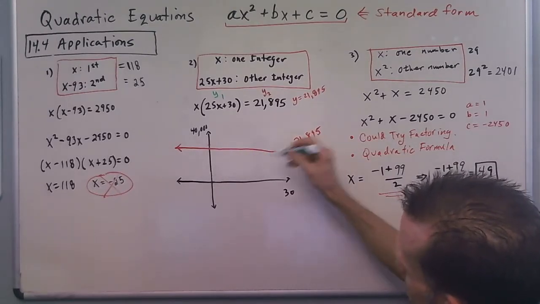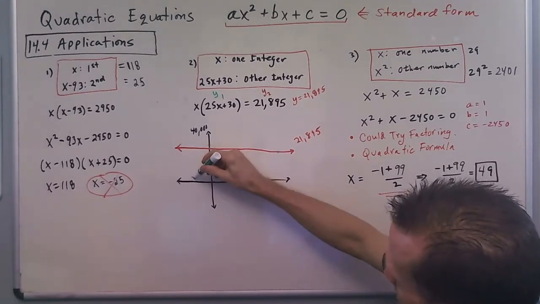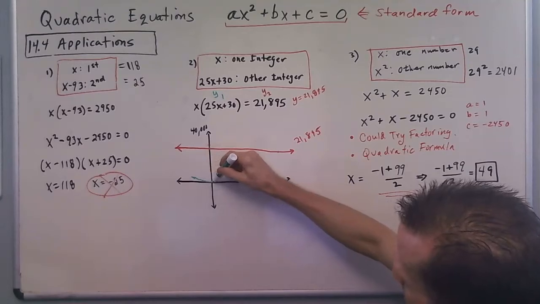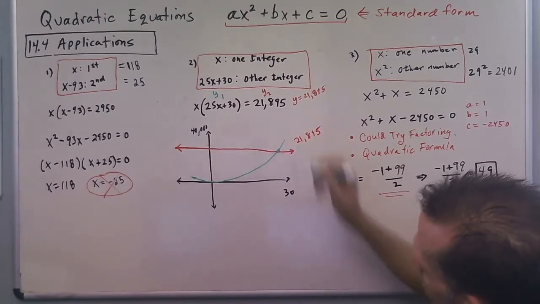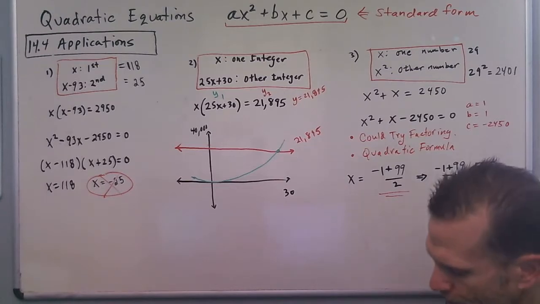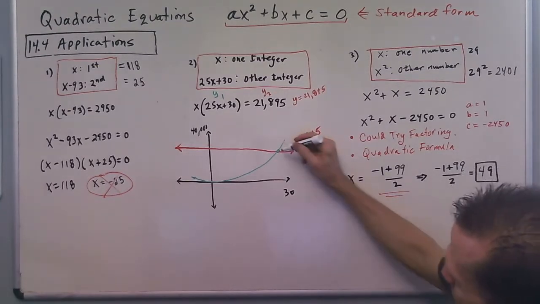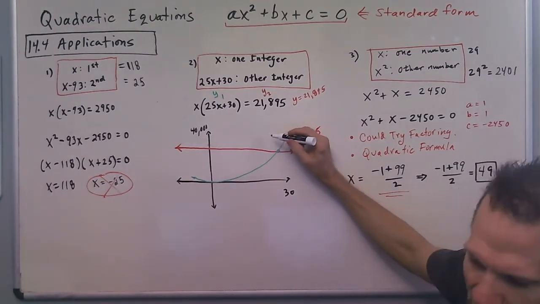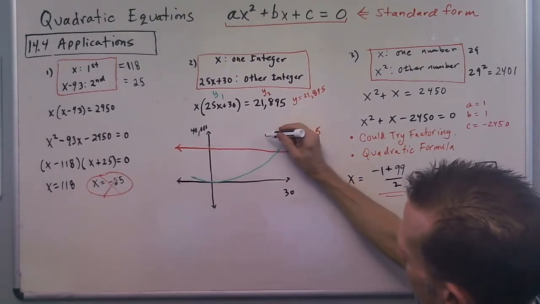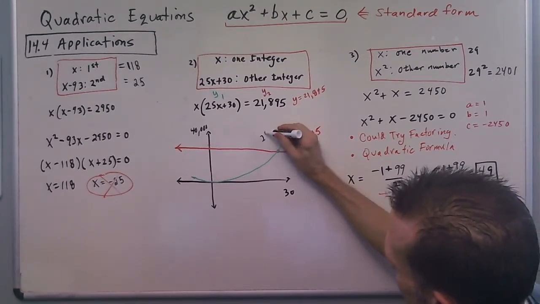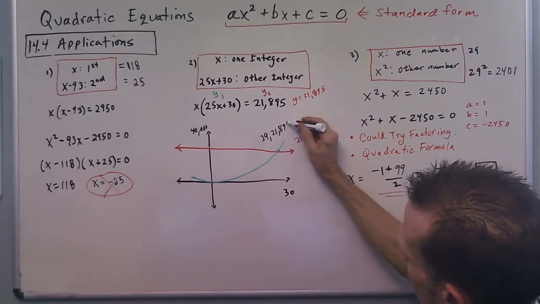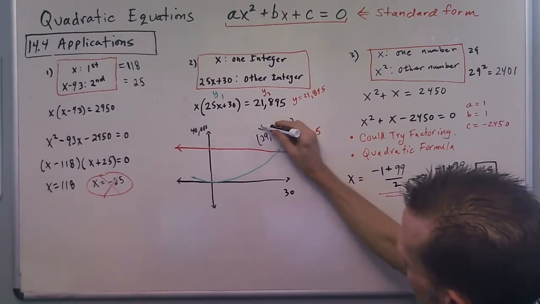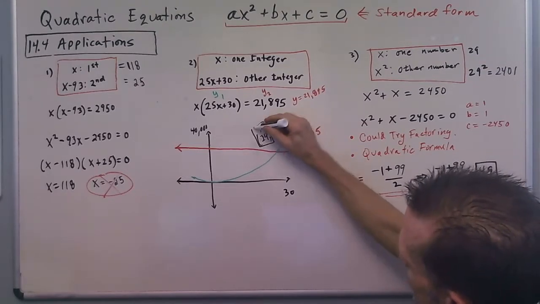I already know what's going to happen here because I've graphed this. The parabola comes this way, and then it ends up intersecting our horizontal line right there. What we can do is click on this right here, and we'll find out that this intersects at 21,895. This is our x value right here.